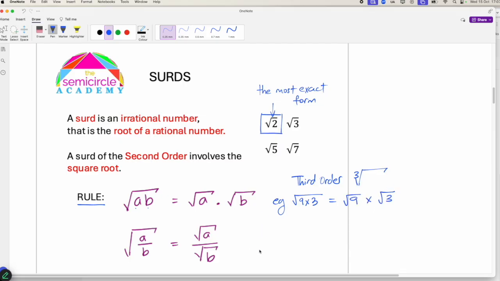Or for this second example, the square root of 2 on 5 is the same as the square root of 2 over the square root of 5. These are little rules that we need to already know, and we're going to add to those rules today.